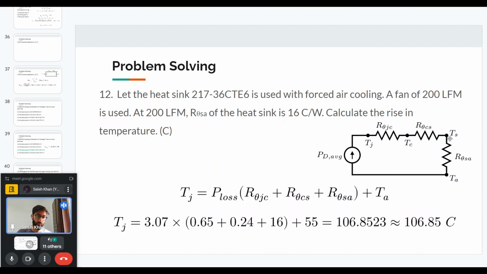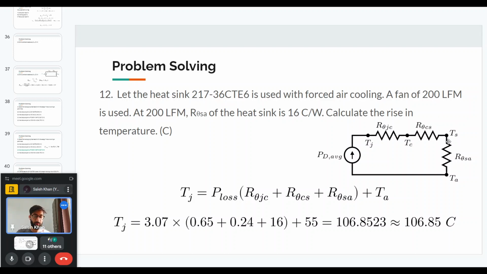We will have parallel circuits wherein, for example, if we have two devices on the same heatsink, then we'll have another power loss PD, its own thermal resistance junction to case and case to sink, and then that sink point is connected to this TS here. So it will be a slightly more complicated circuit.